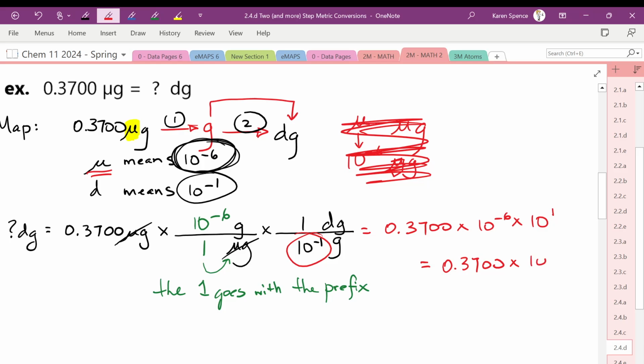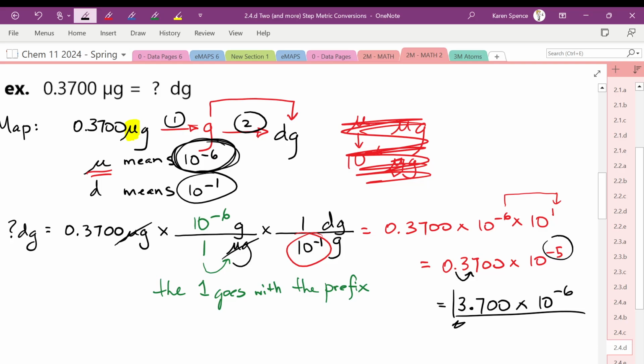What do I do when I'm multiplying 2 powers of 10? I add the exponents, so I would get 0.3700 times 10 to the negative 5. That is not in scientific notation, so I would move my decimal place over 1 place, 3.700 times 10 to the, this one got bigger, so this needs to get smaller by 1 power of 10, negative 6. There we go.